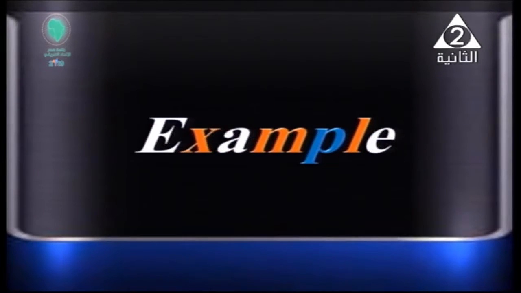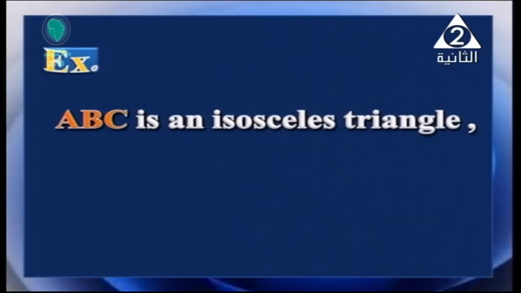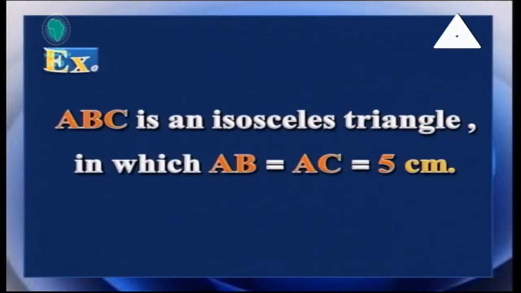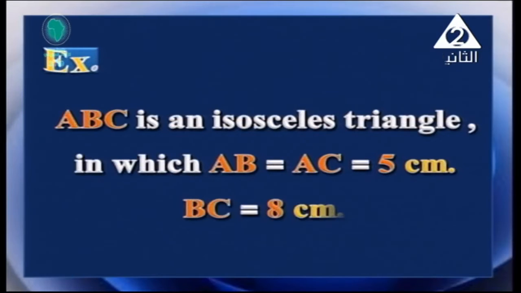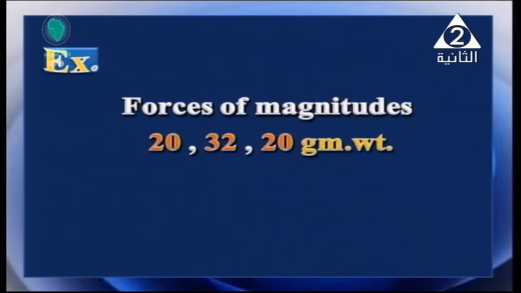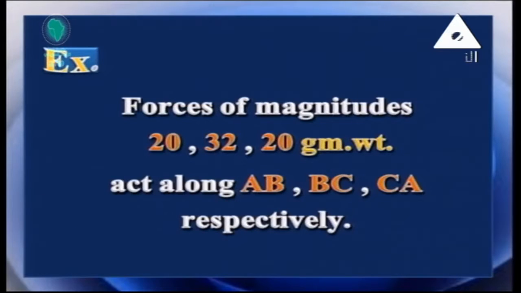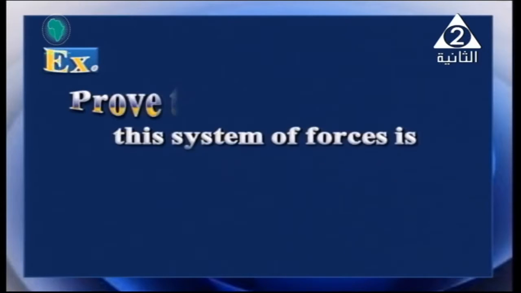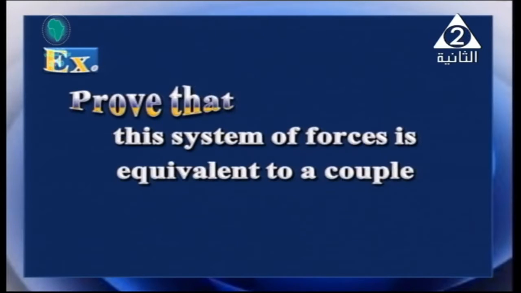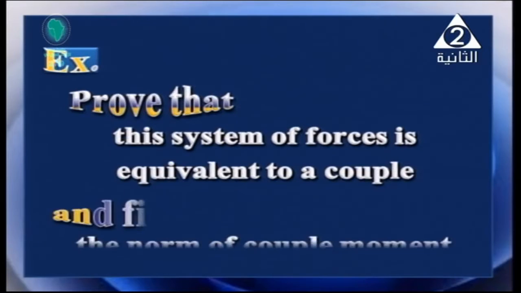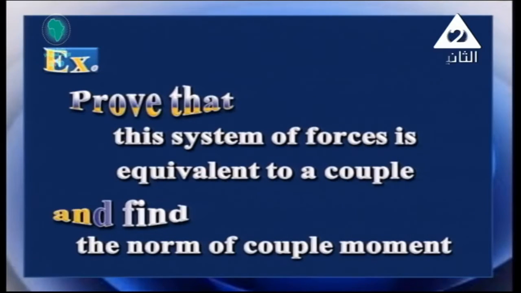Look at, my dear student, the third example. ABC is an isosceles triangle in which AB equals AC equals 5 centimeters, BC equals 8 centimeters. Forces of magnitudes 20, 32, 20 gram weight act along rays AB, BC, CA respectively. Prove that the system of forces is equivalent to a couple and find the norm of the couple moment.